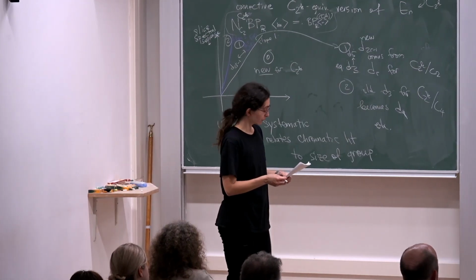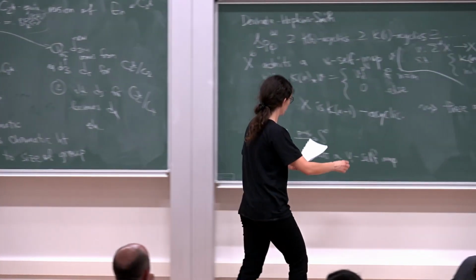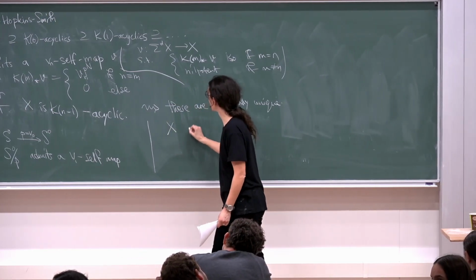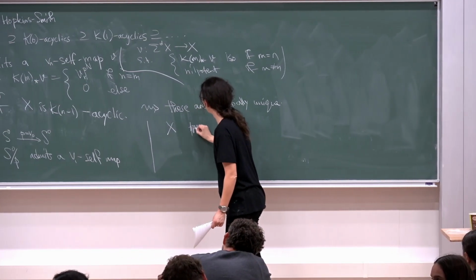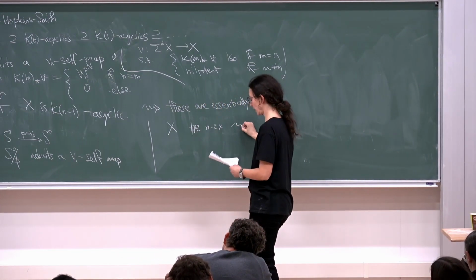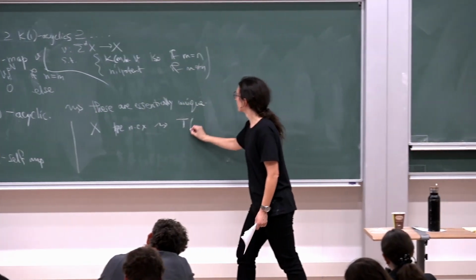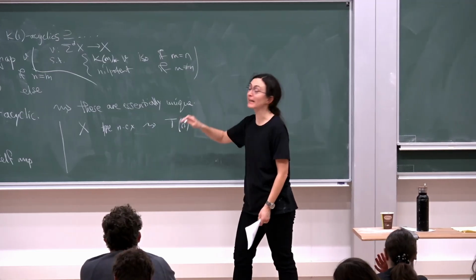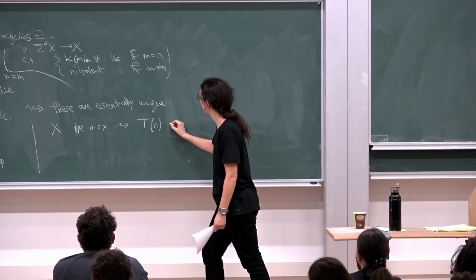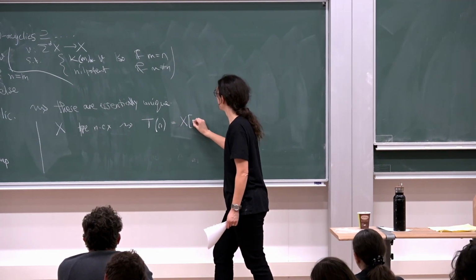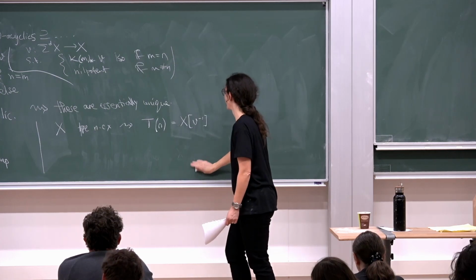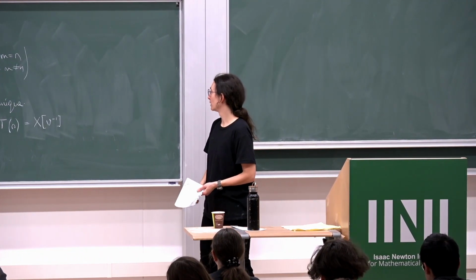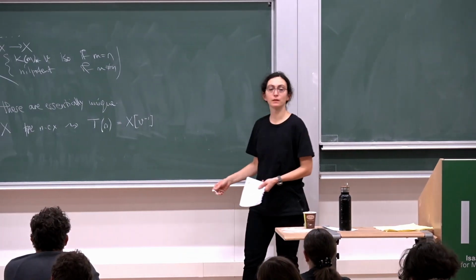Okay, so if we have X, which is a type n complex, then it has a vn self-map, so we can invert it. There are some choices.